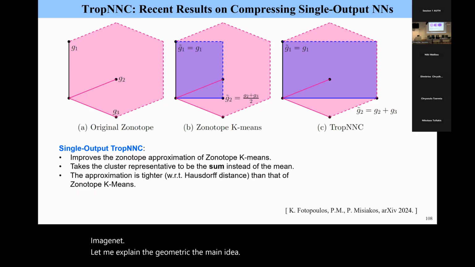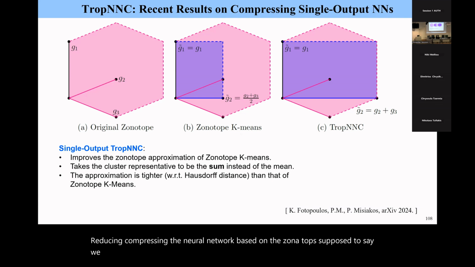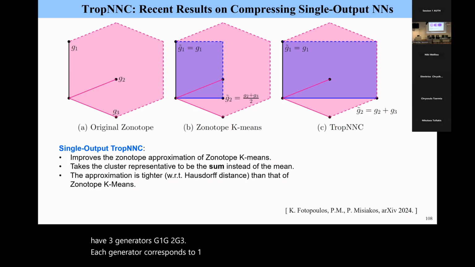The previous idea of compressing the neural network based on the zonotopes. Suppose, let's say, we have 3 generators, G1, G2, G3. Each generator corresponds to one hidden neuron.